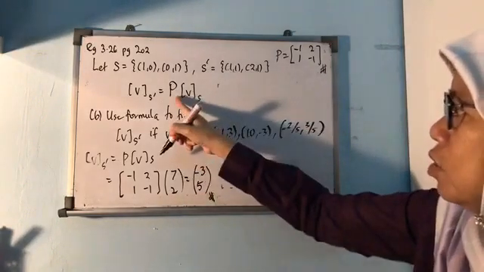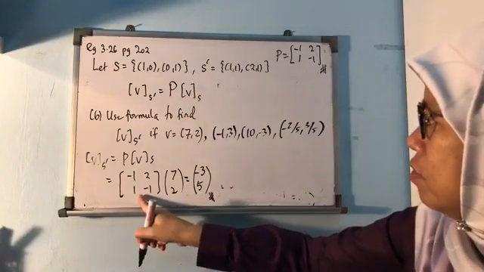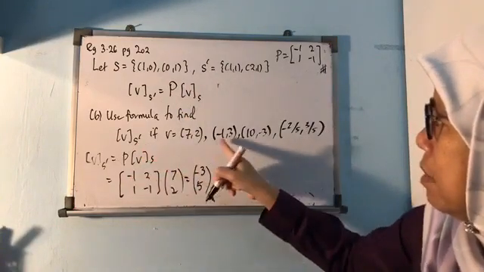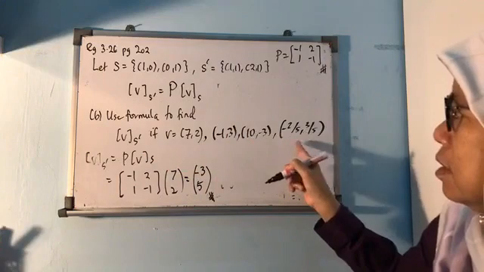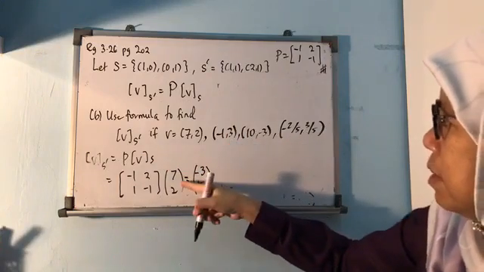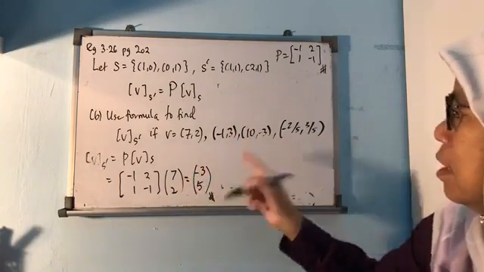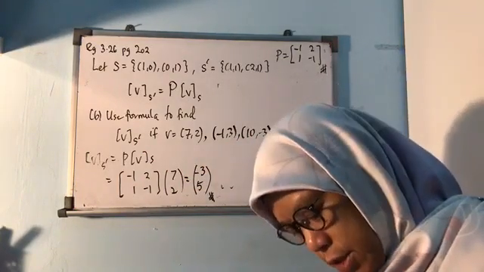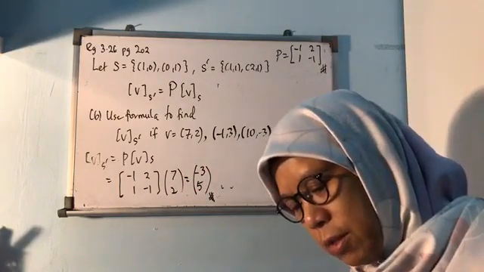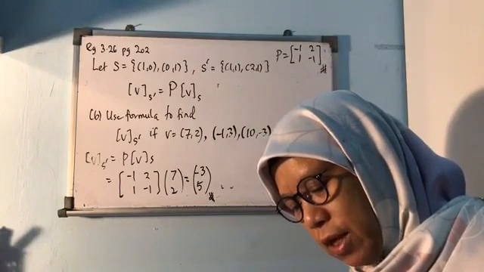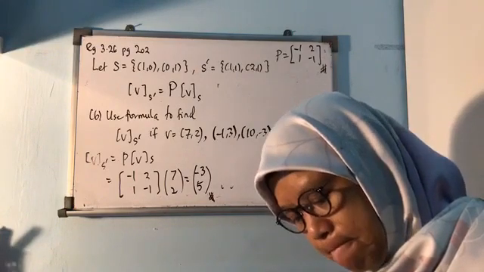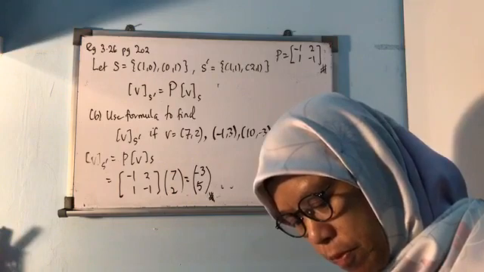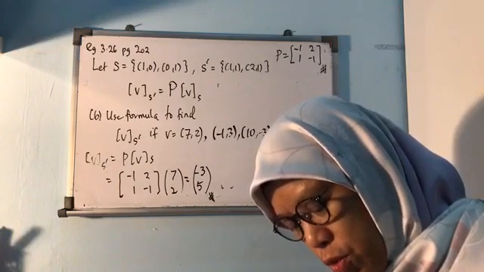But since you already know the P, to find Vs prime, you just multiply by each of these. So for this one, you just multiply here and you get the answer straight away. That is why, on page 204, you just multiply to get Vs prime. Otherwise you need to do row operations.